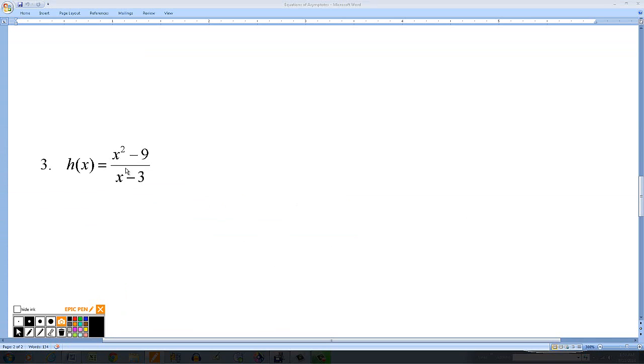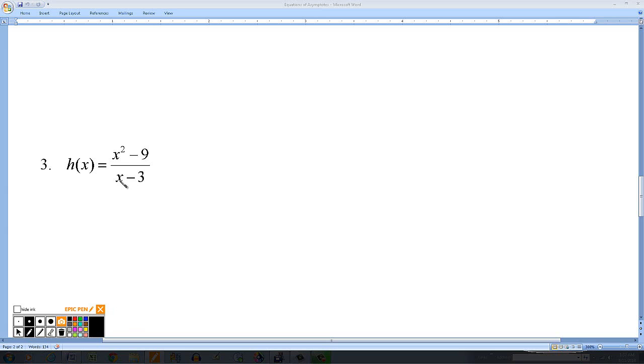Okay, now this one here, if I were just to look at this, the degree of the numerator is 2. The degree of the denominator is 1. So the numerator has to be 1 more than the denominator. So I'd expect to have a slant asymptote. But keep in mind, this one is not reduced. So let's look at this a little further.